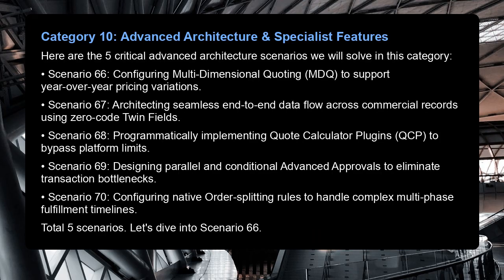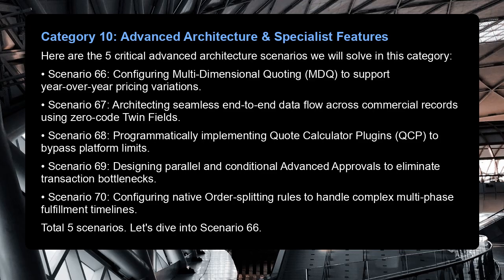Category 10. Advanced Architecture and Specialist Features. Here are the 5 critical advanced architecture scenarios we will solve in this category. Scenario 66. Configuring multi-dimensional quoting MDQ to support year-over-year pricing variations. Scenario 67. Architecting seamless end-to-end data flow across commercial records using zero-code twin fields. Scenario 68.